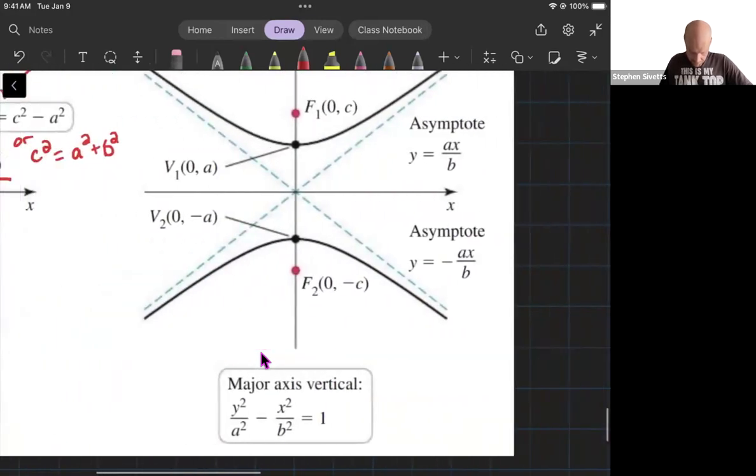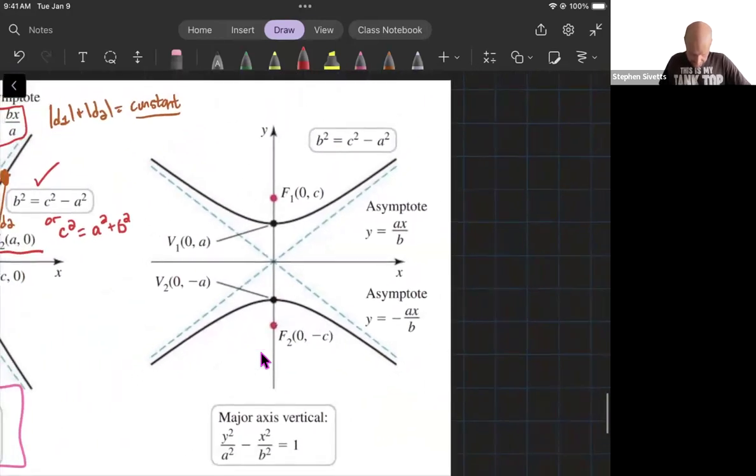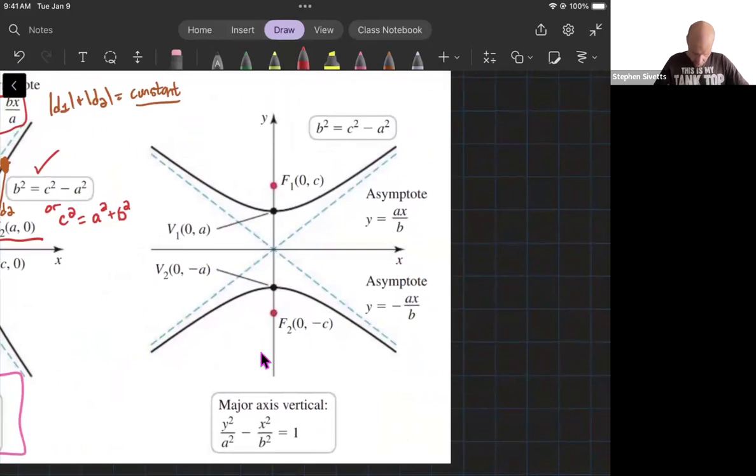And this is the other type right here, where the major axis is vertical: y squared over a squared minus x squared over b squared is equal to 1. Similarly, this is how you would solve for the foci, c squared is a squared plus b squared, right?